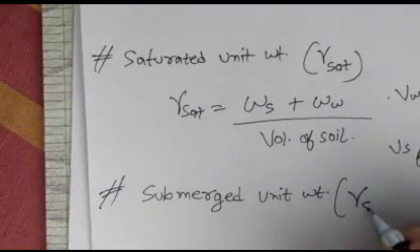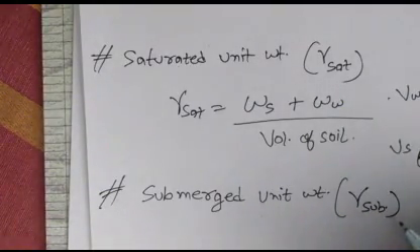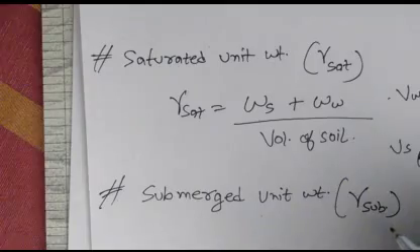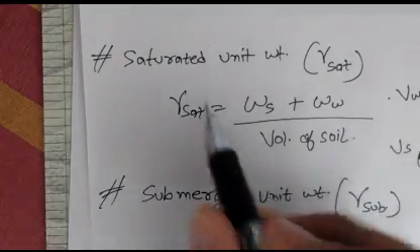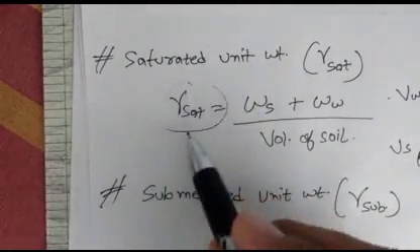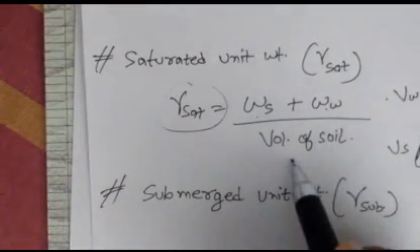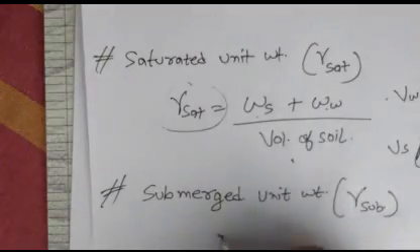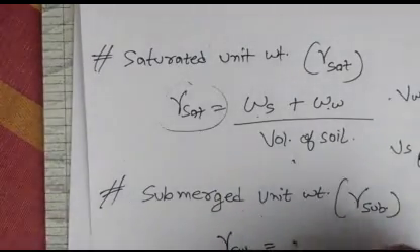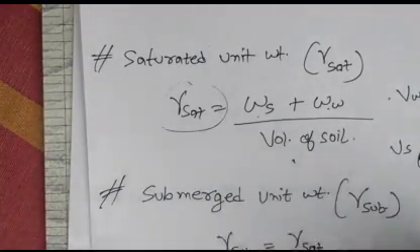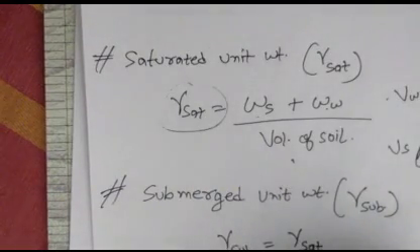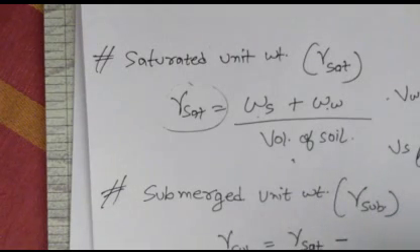We'll represent it by gamma submerged. What is happening here is, we had saturated unit weight, which was gamma sat, weight of solids plus water by total volume of soil. So here gamma submerged should be the same as saturated, because the entire soil is saturated. When it is submerged, it should be the same, but technically what is happening is this weight is reduced.